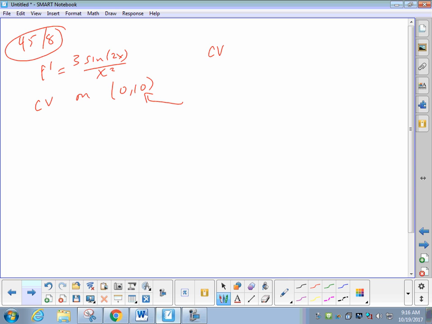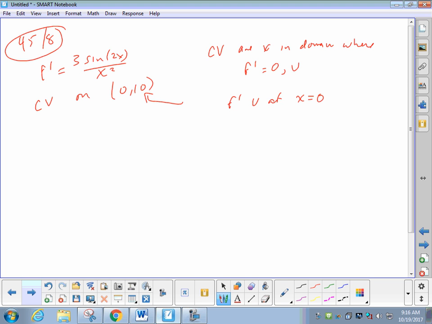Critical values, or critical numbers, are x's in the domain where the derivative is 0 or does not exist. Okay? Now, f prime does not exist at x equal 0.